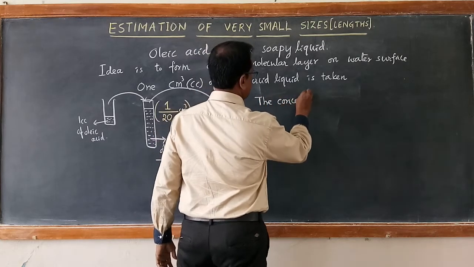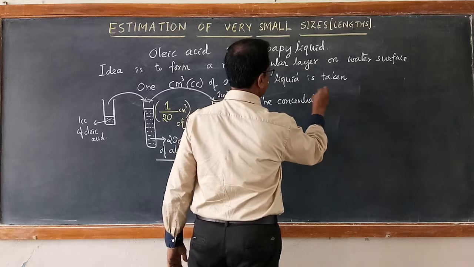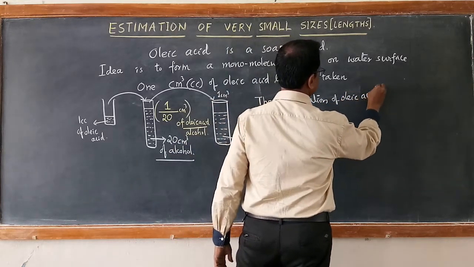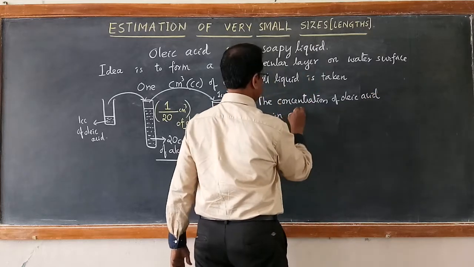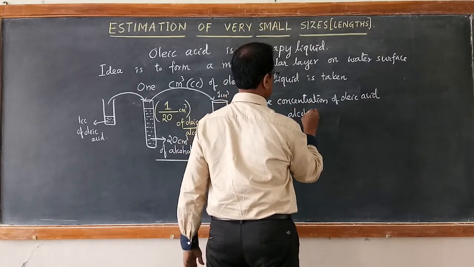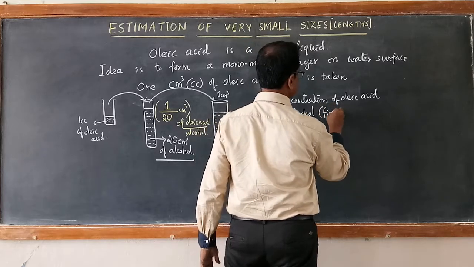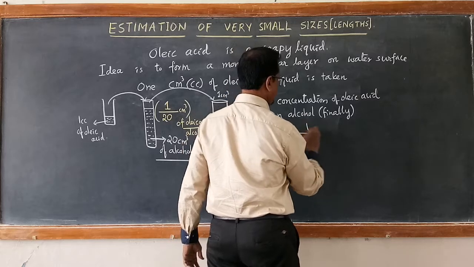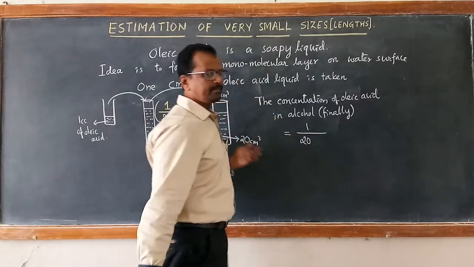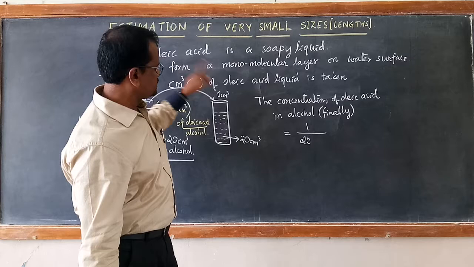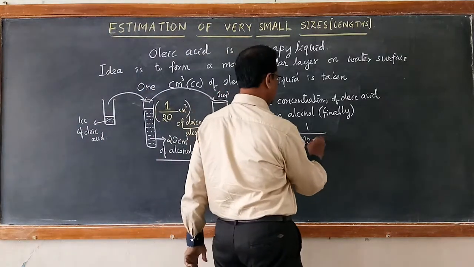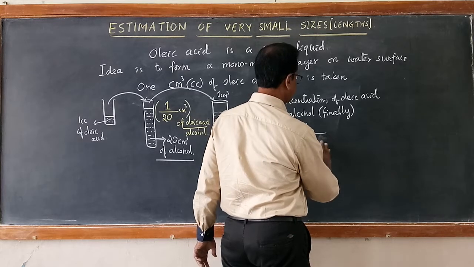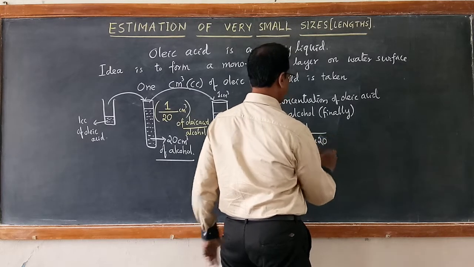The concentration of oleic acid in alcohol finally becomes equal to 1 by 20 was already prepared and this 1 cc is added in this, so 1 by 20 into 1 by 20, so it becomes 1 by 400.